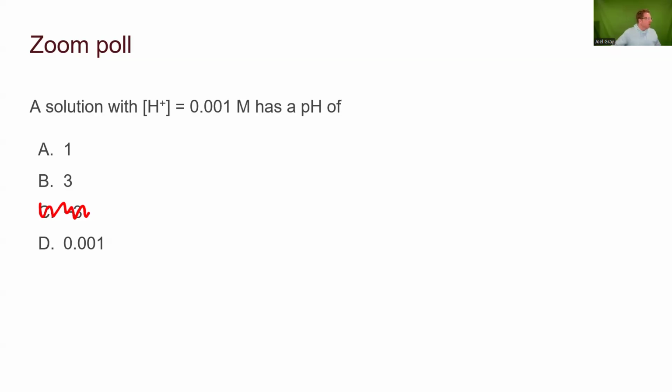A solution with a hydrogen ion concentration of 0.001 molar has a pH of: A, 1; B, 3; C is not an option, please do not mark C, anybody; or D, 0.001. We're moving our decimal: 1, 2, 3. Spoiler, it's not D either. Spoiler, the correct answer is B.